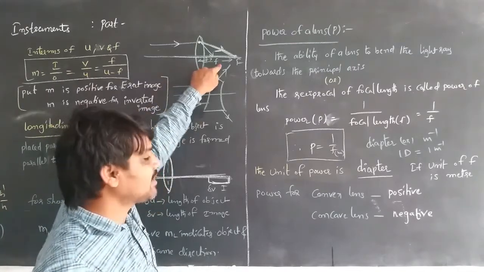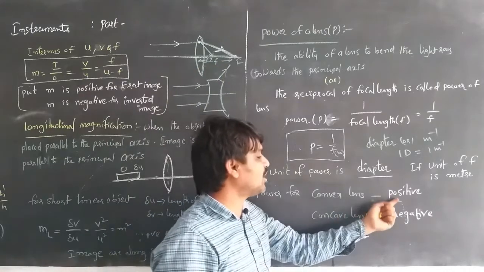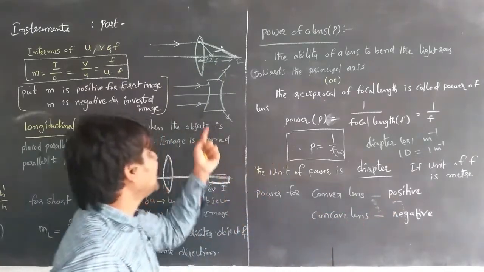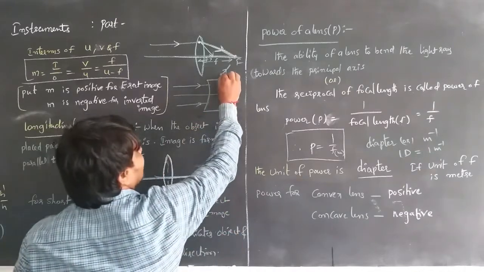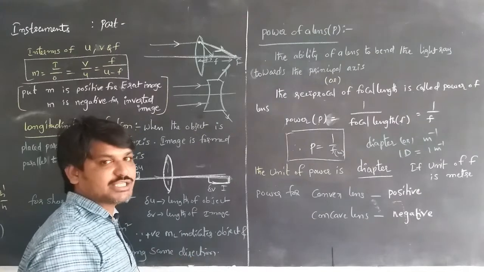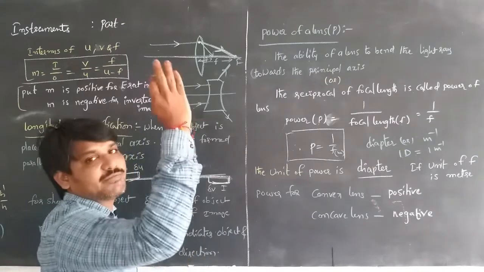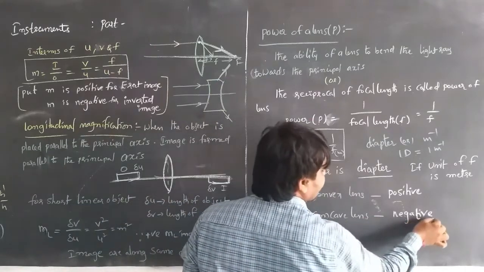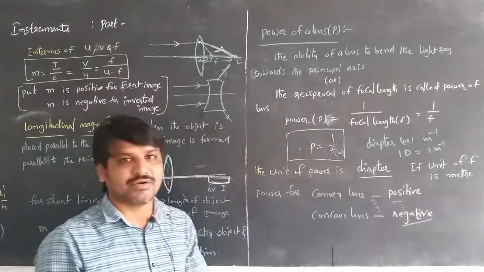So the power of a convex lens is positive. The concave lens is a diverging lens, which means the light rays refract away from the principal axis. So concave lenses are taken to have a negative value for power.